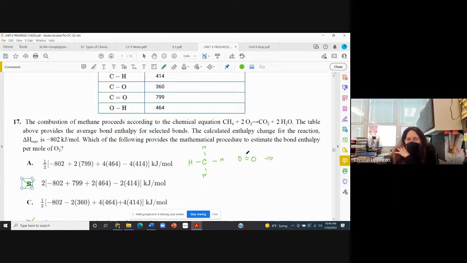This is the stuff that's going to be broken, minus formed, which is CO2, oxygen, and then water is going to be, you're going to have 4 of these. So 4 times your water, 4 times 464. So that's here. Those are both the same, so that doesn't help.